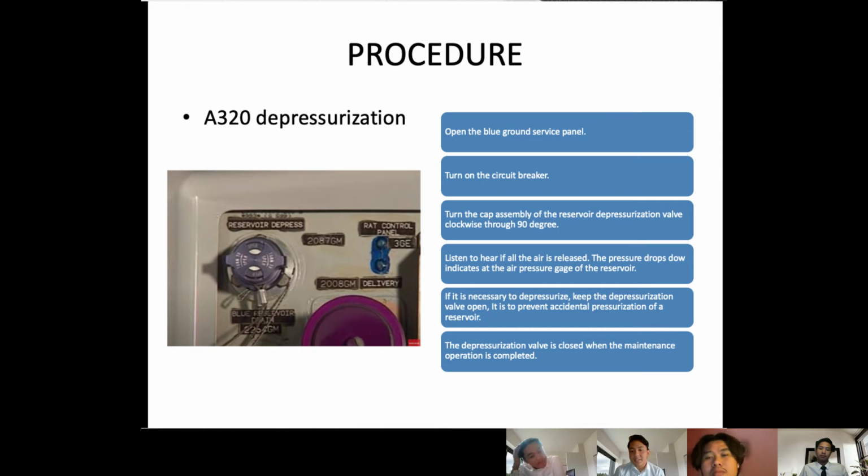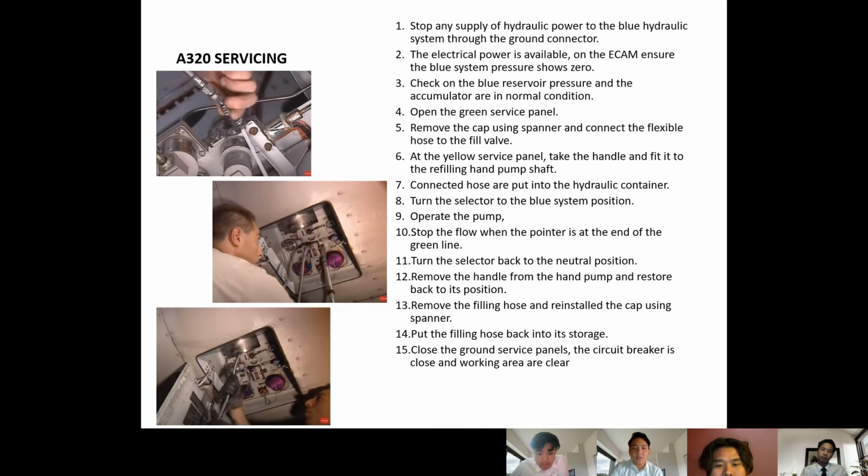Then listen to hear if all the air is released. The pressure drop is indicated at the air pressure gauge of the reservoir. If it is necessary to depressurize, keep the depressurization valve open to prevent accidental pressurization of the reservoir. The depressurization valve is closed when the maintenance operation is complete.